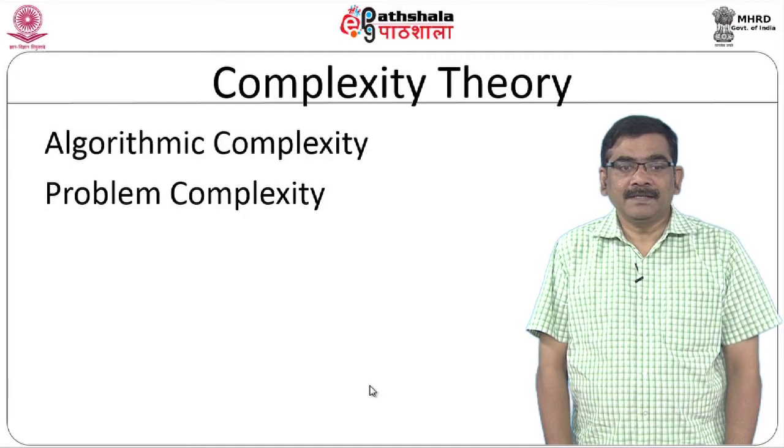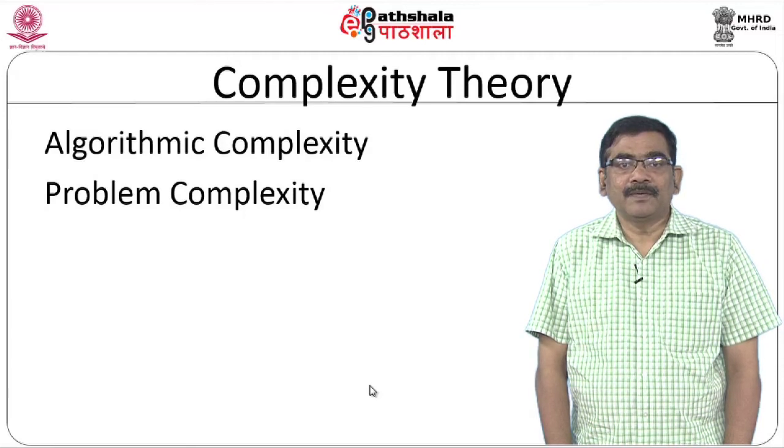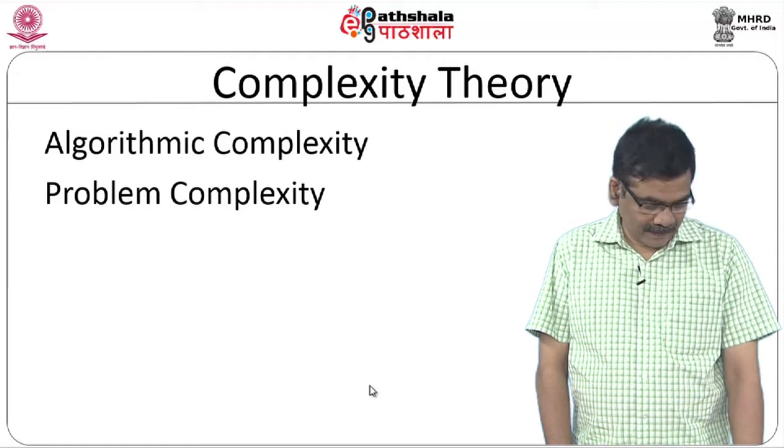Another is problem complexity or computational complexity, where we try to find the complexity of the problem itself. In other words, we are trying to find the limits of the algorithm so that we can say how hard the problem is.